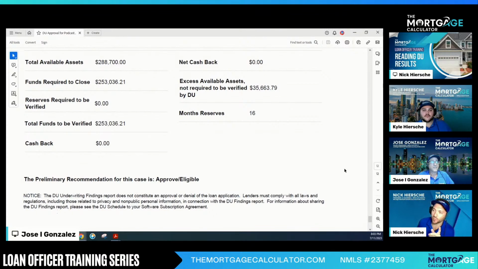So even though it wasn't used to be verified, that number of 16 months is what triggered the PIW and all the other great stuff that was on this approval. So remember, guys, make sure your reserves show up correctly. That's going to obviously be your contributing factor to trigger a lot of the other positive results on the whole file.